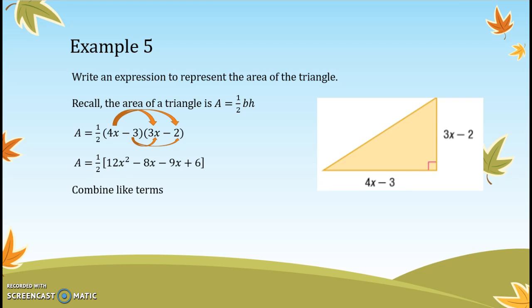Let's combine like terms, giving us area equivalent to 1/2 times 12x squared minus 17x plus 6. We're not quite done yet because now we can distribute the 1/2. So half of 12 is 6x squared. Half times negative 17 is negative 17 halves x. And half times 6 is positive 3.